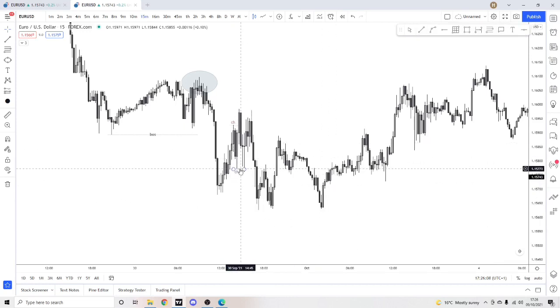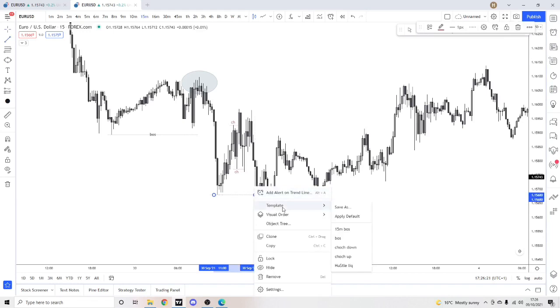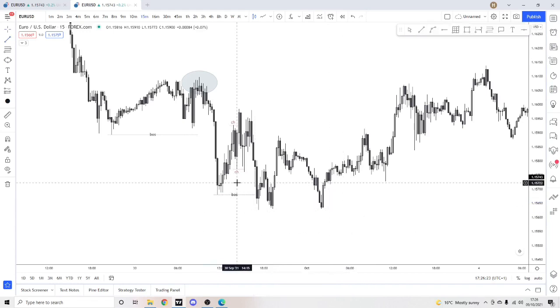So this low doesn't hold. This demand doesn't hold. So we get a change in character now. This now becomes weak. This is our weak low. So we can expect now this low to be getting run. Which it does. There we go. So now this becomes a strong high. This here, strong high.